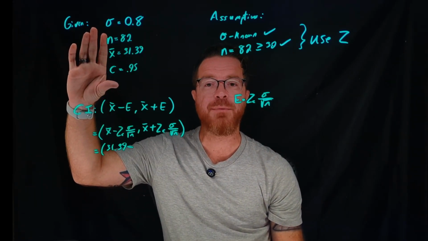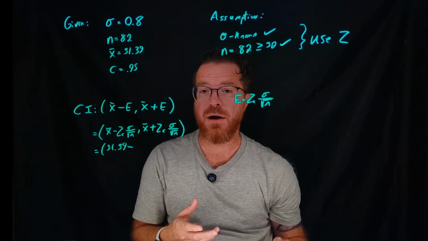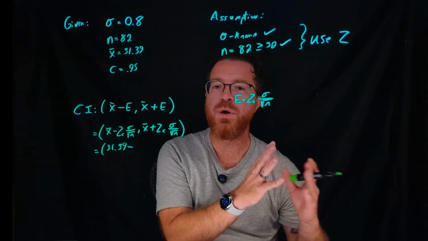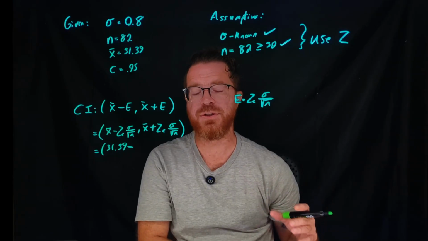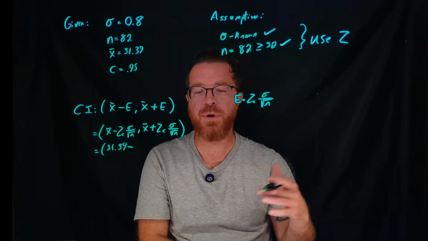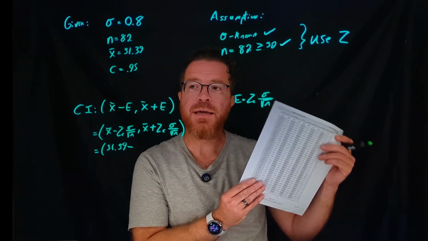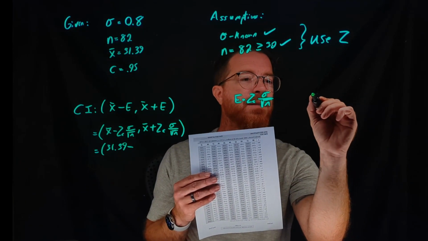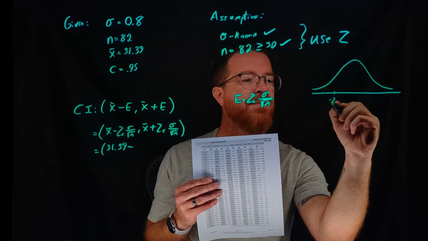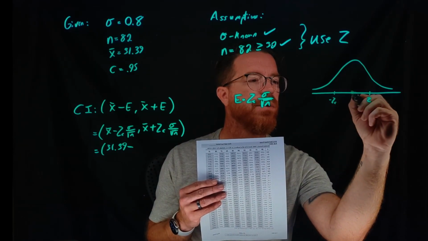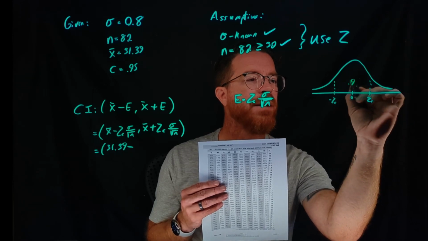We need to find this. This is not part of our given information, but the confidence level is. From there, we should be able to figure out what our z critical value is. We will give you a subtable to the z table, which gives you the critical values, your z criticals, for C equals 0.9, 0.95, and 0.99. But if you didn't have that, the way you would find this is, remember, you need to find the z value where from negative z critical to positive z critical, it accounts for, in this case, 0.95 of the data.